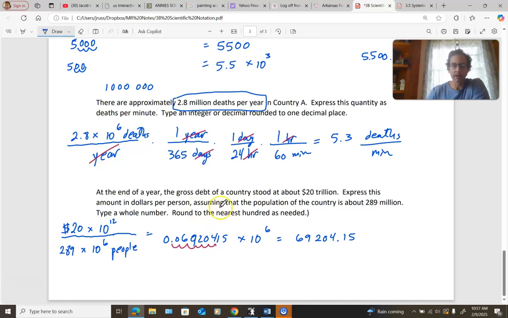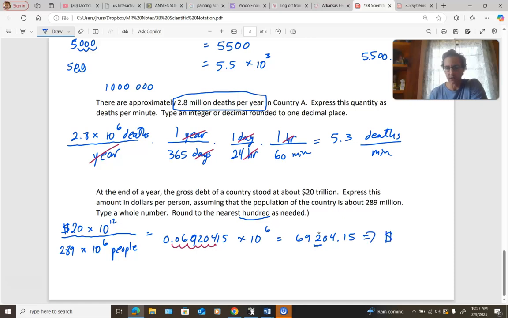Now the rounding, it says round to the nearest 100. So we need to figure out which digit is in the hundreds place, and it is the 2 right here. 2 is in the hundreds place, so we look to the right and there's a 0, so we're going to keep that 2 a 2. So in other words, this is going to round to 69,200.